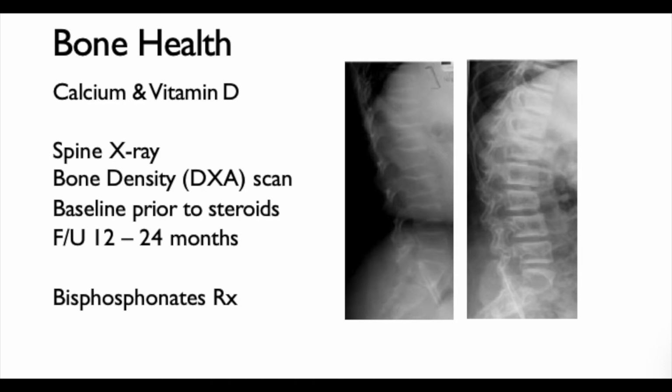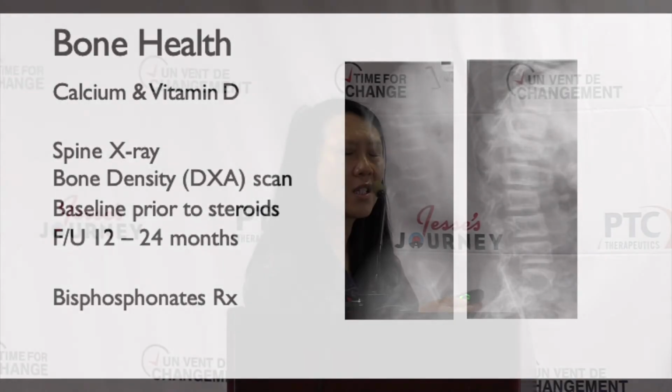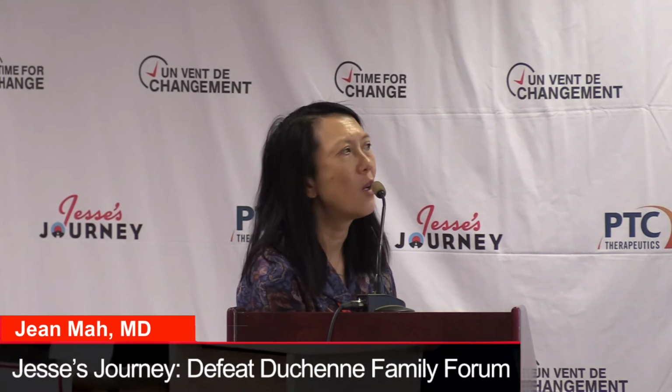And if there is any concern about bone pain or the tendency for bones to be too fragile, then there is a treatment called bisphosphonates, which is infused every 3 to 6 months to help reshape and strengthen the bone. It is still not approved for use for every child with Duchenne, but certainly it is a treatment that can be helpful if there is a tendency for fractures to occur.